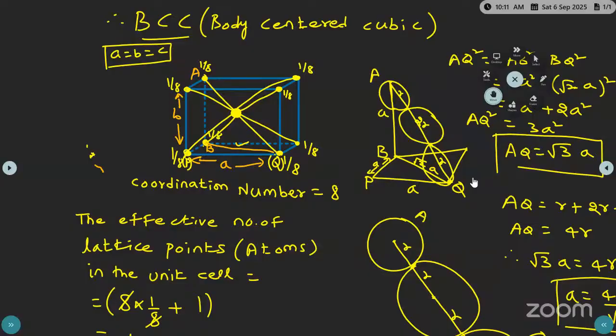The body centered atom is in contact with all the eight corners, right? So consider this particular contact line. If we consider this contact line, this must be along the diagonal of the body. That is the diagonal of the cube, right?